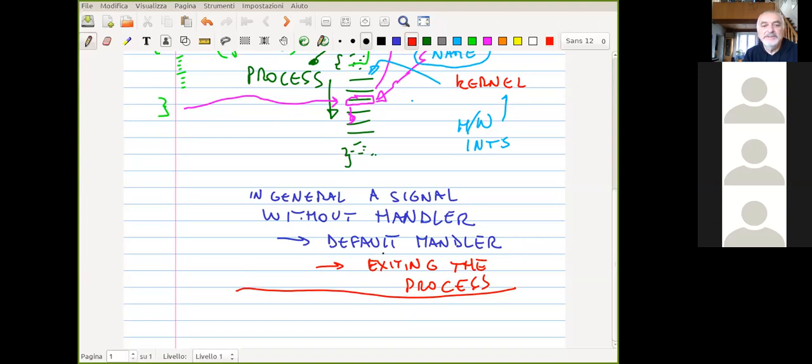And this is another security issue. Another is that a very limited number of signals do nothing. So you can also forget to write the handler.